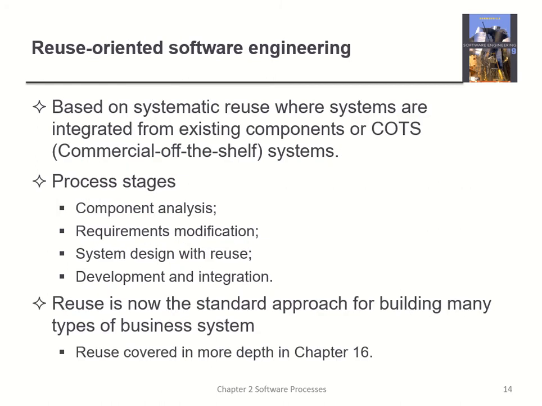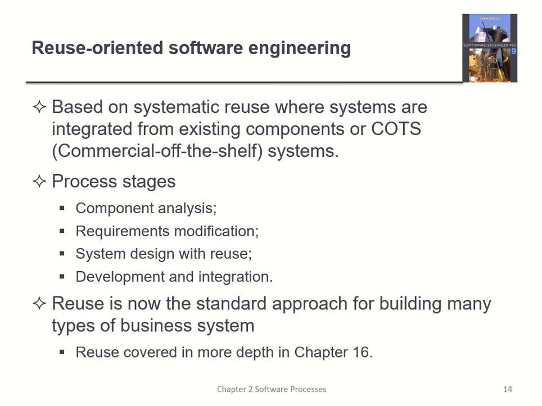Another software model we can follow as a team, as part of a software development team, is reuse-oriented software engineering. This is based on systematic reuse where systems are integrated from existing components or commercial off-the-shelf systems.